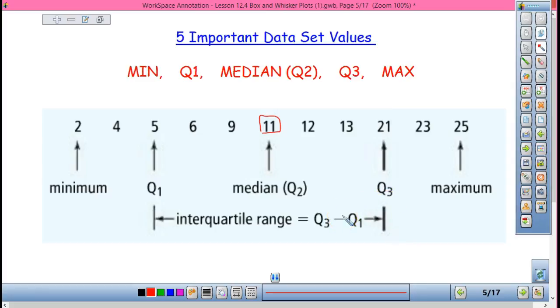Okay, and my minimum number is my smallest number. My maximum number is my biggest number. Okay, and then this interquartile range. Okay, all that is quartile 3, which is 21 minus quartile 1, which is 5. So for the interquartile range, we would just take 21 minus 5. Seem very hard? Shouldn't be.